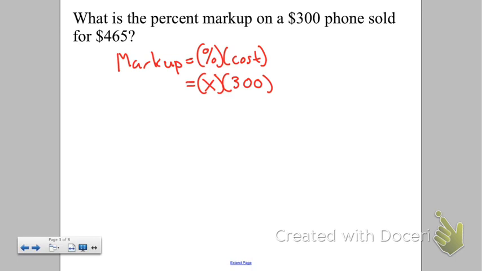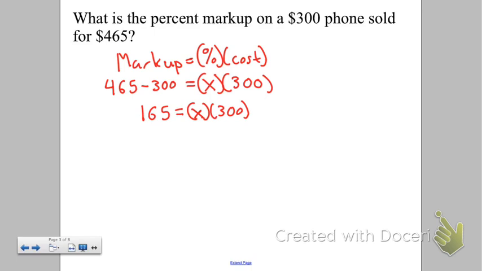Now the markup is going to be the difference in the price. So 465 minus 300. 465 minus 300 is equal to 165 equals X times 300.